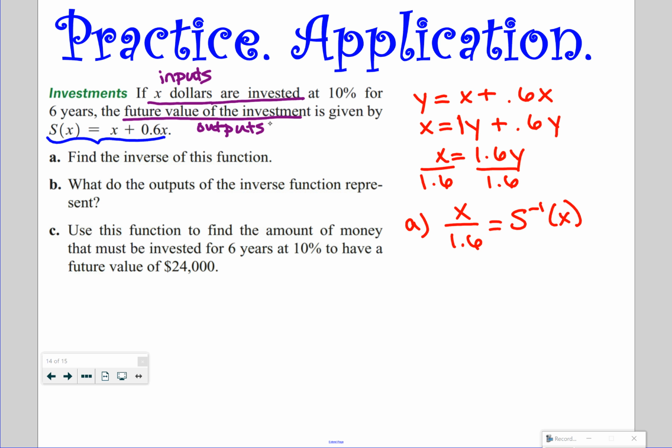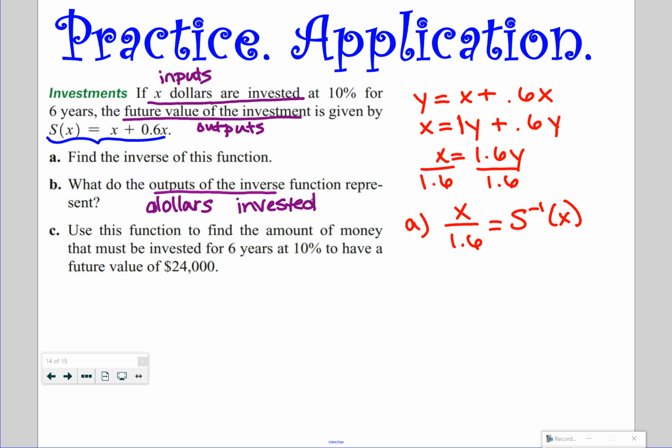So if we want to talk about the inverse, we flip those. The outputs of the inverse are the same as the inputs of the original function, which are the dollars invested. Okay, and the inputs in the inverse then are the future value.